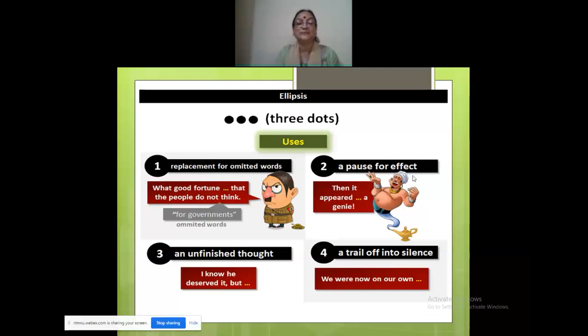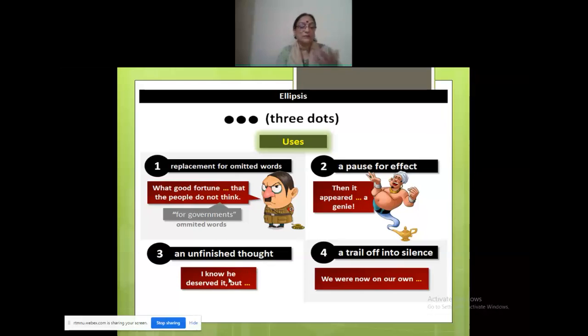Sometimes it's a pause for effect. Now, like I said, they work as body language. When you are speaking, you can pause, and then you can say a genie, so that effect will be created. But in writing, how will you create that effect? So 3 dots, ellipsis. Sometimes an unfinished thought, what I was talking about.